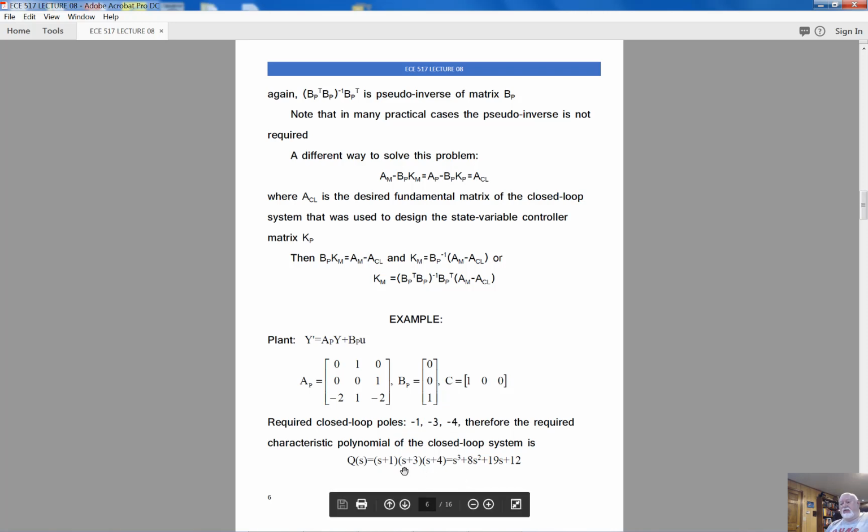Well, what we do next? The next we will, based on this eigenvalues, come up with the characteristic polynomial, desired characteristic polynomial of the closed loop system.